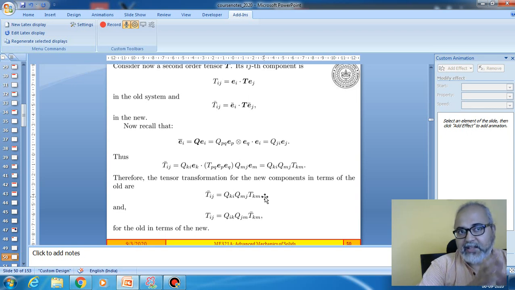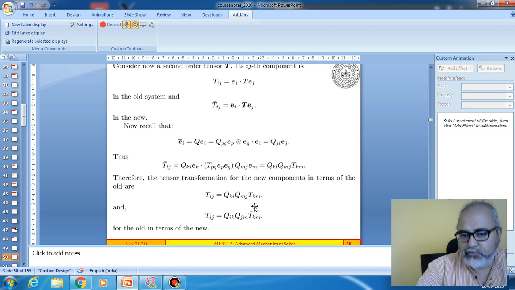To qualify as a second order tensor, it just doesn't suffice to have 9 numbers arranged as a matrix. Those 9 numbers must represent a physical quantity that transforms according to this rule. So this transformation rule is extremely important to prove that something is indeed a tensor.